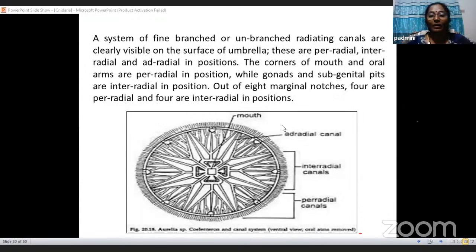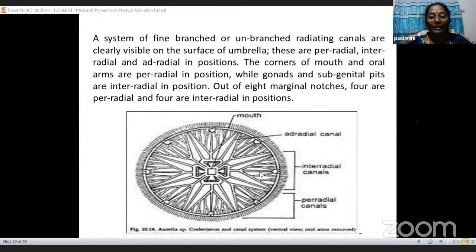Now, coming to the canals over here, how does a canal look like? If you can see over here, they have those long channels. So this is the square-shaped mouth, and the mouth is covered on all the 4 sides with gonads. And on the straight structures over here, this is a single canal from this point to this point, and from this point to this point.